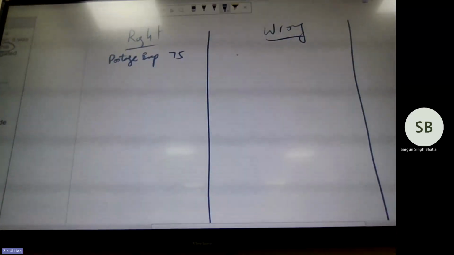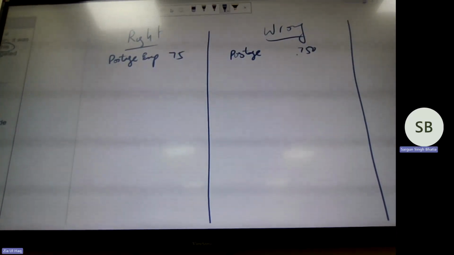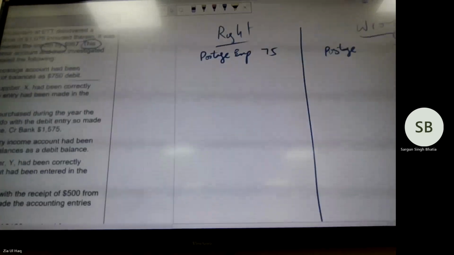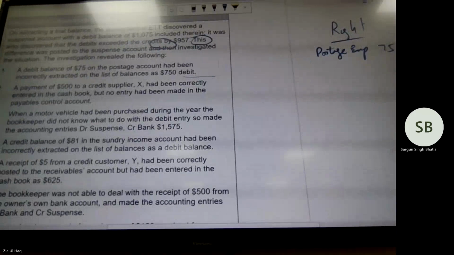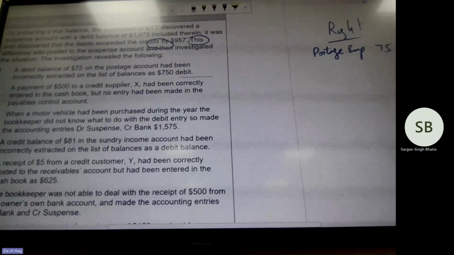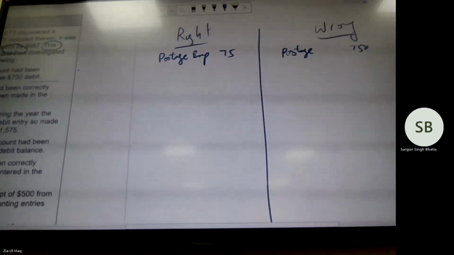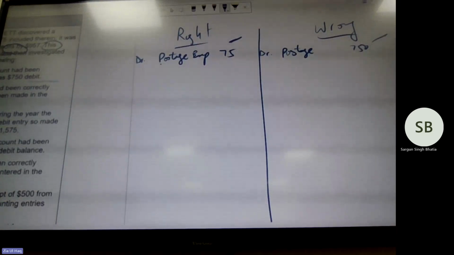Is postage expense debit or credit? What's the nature of expense? Debit nature. They have recorded debit postage 750 instead of 75. This is the right treatment that could have been done, but they have recorded this.